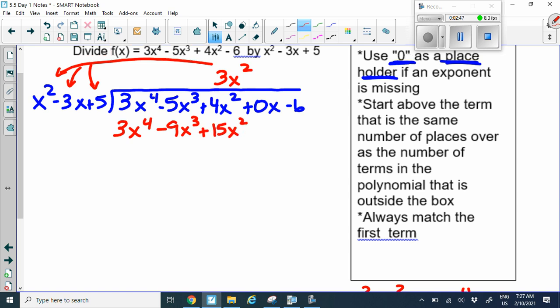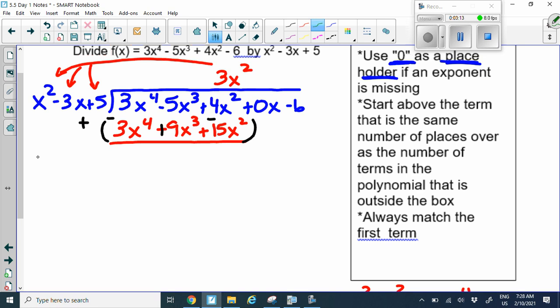So now we are able to combine like terms. That's why we have to do that. We always have to combine like terms. Okay, so now I'm going to subtract. And remember, what happens is I'm going to change that subtraction into an addition and then distribute that sign to everything, meaning all the signs behind are going to change. So my 3x to the 4th is negative, 9x cubed is positive, and my 15x squared becomes negative.